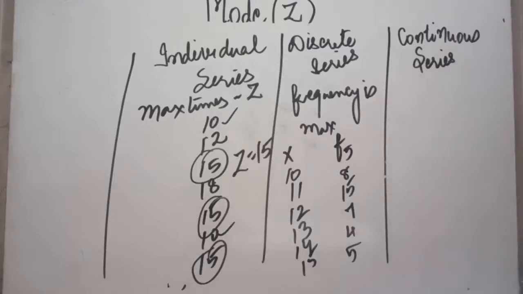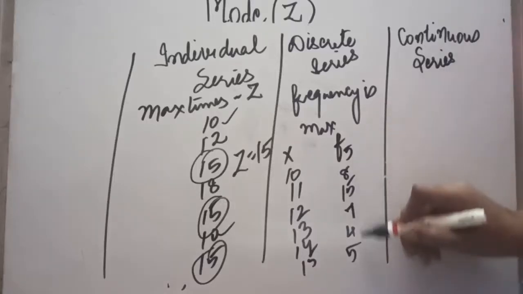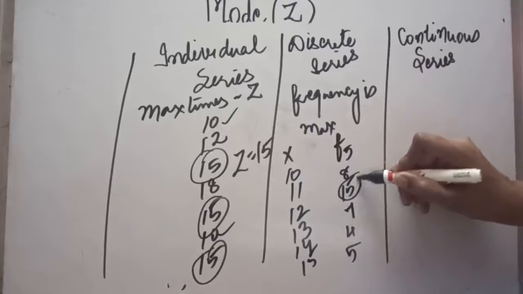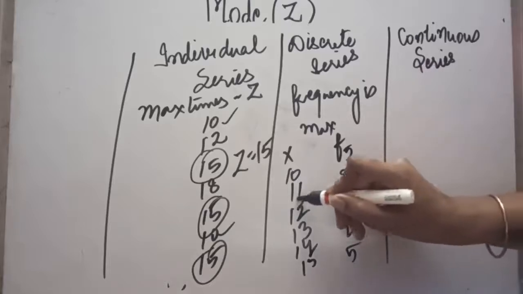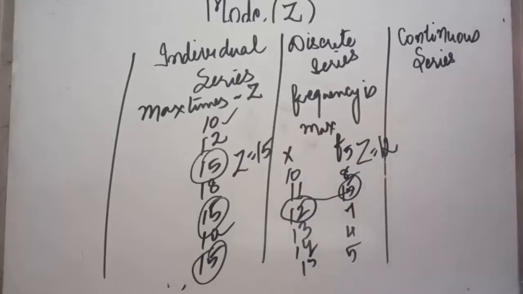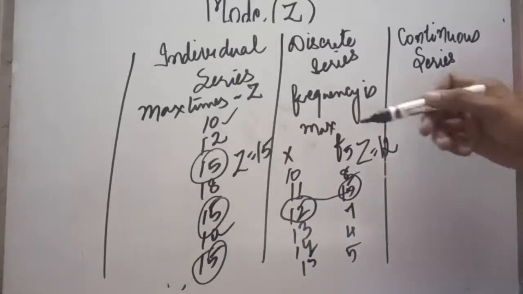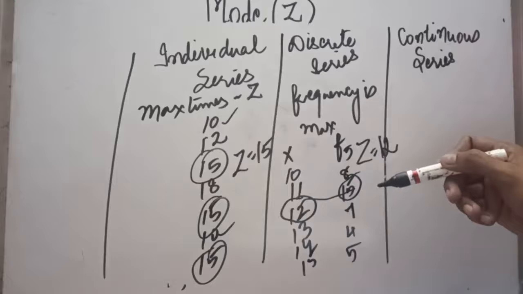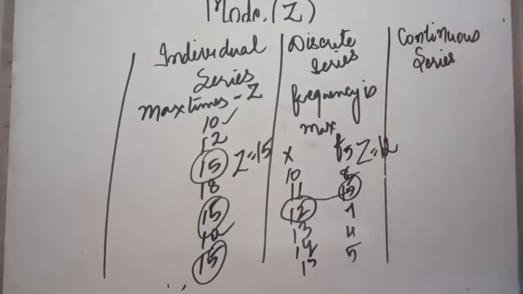So this is the question given. Here we will observe our frequency. The corresponding x for the maximum frequency will become our answer. So this is the inspection method. Just observe the frequency, and with the help of that frequency we can find out the x.